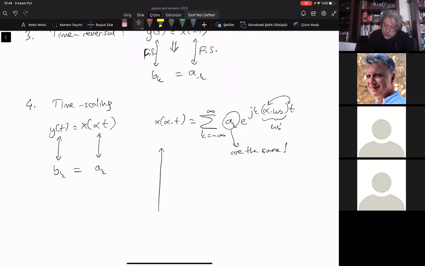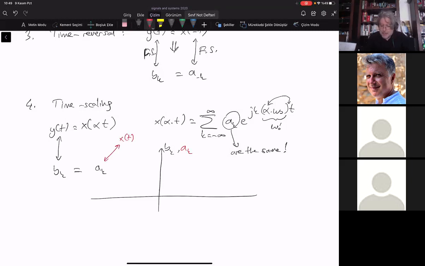So you have to draw the new Fourier series coefficients b_k, sorry, b_k, and I'm going to also draw a_k's, which are the Fourier series coefficients of x of t. So this was a little bit incorrect. These are the Fourier series coefficients of x of t, okay?